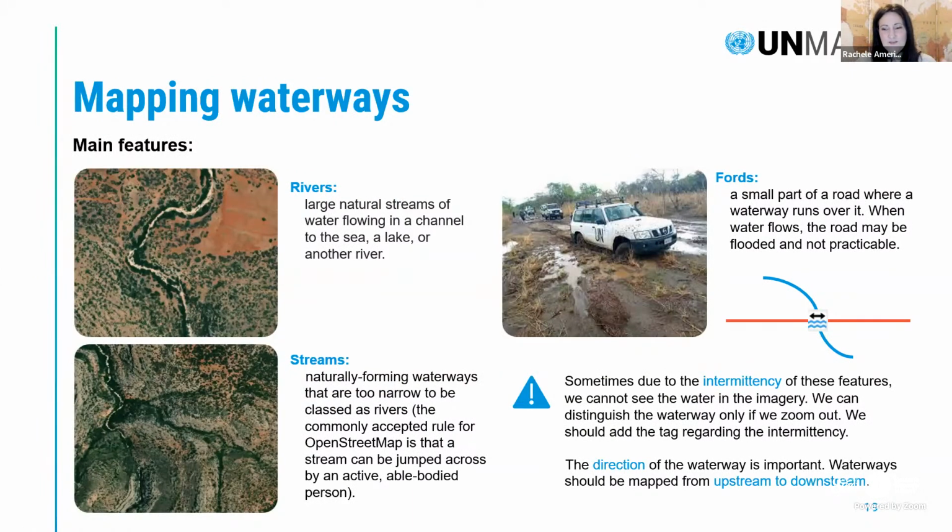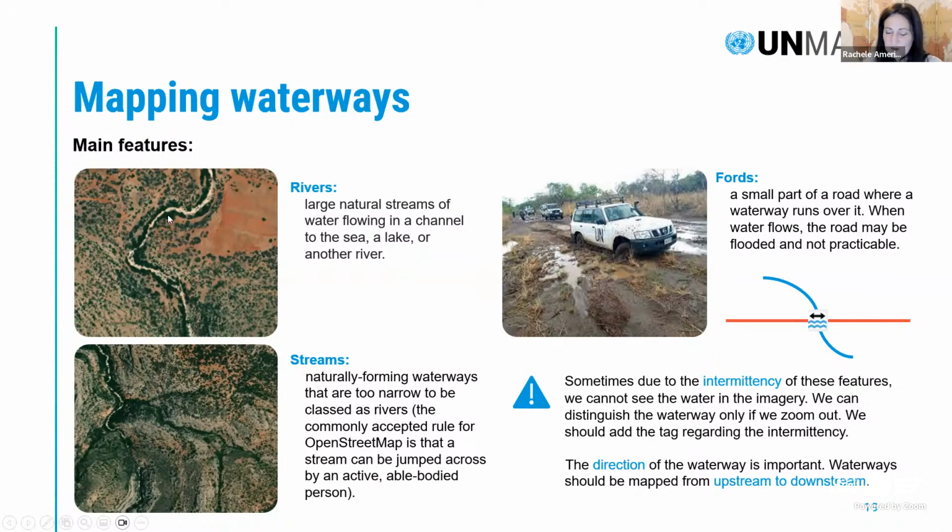Now, this slide is super important. I don't know how to highlight it more. So please pay attention to that, because these are the features that we will be adding to the map. We will map rivers, and you can see here what a river is.